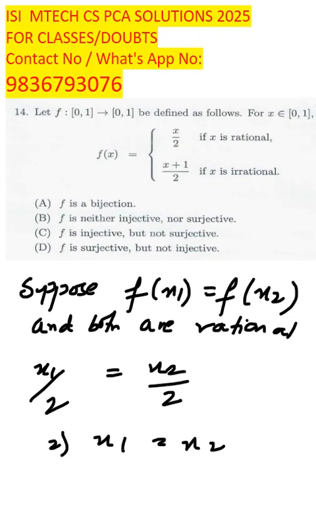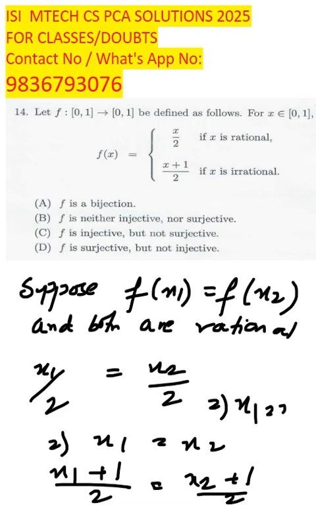The same logic applies for both irrational inputs, like say x1 plus 1 by 2 is equal to x2 plus 1 by 2, or x1 is equal to x2. Okay, so in all the cases if f(x1) is equal to f(x2), that is x1 is equal to x2, so we can say that this is injective. Now we have to check for the surjectivity also, then we can finally conclude.